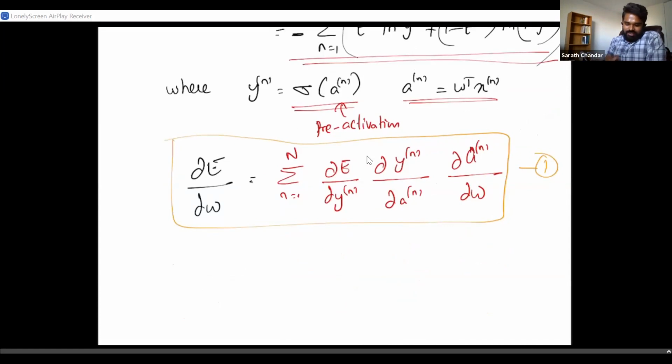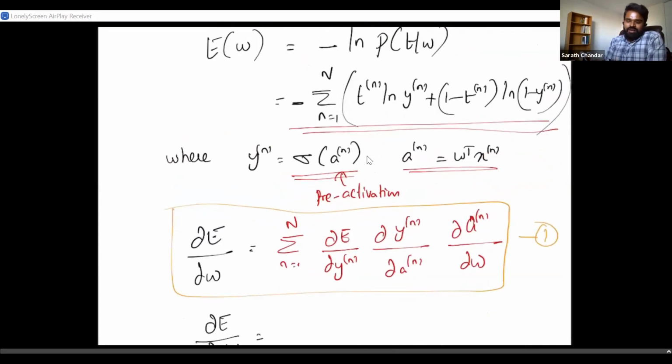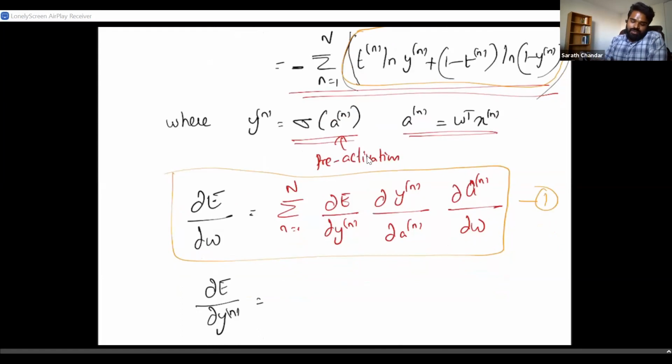It's very simple. Let's start with dou E by dou yn. Remember we are just doing this for one example, so you just consider this term. You differentiate this orange term with respect to y.